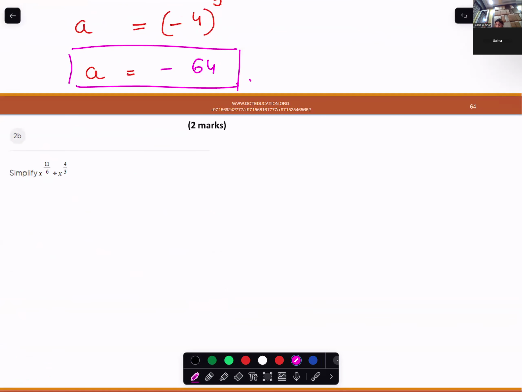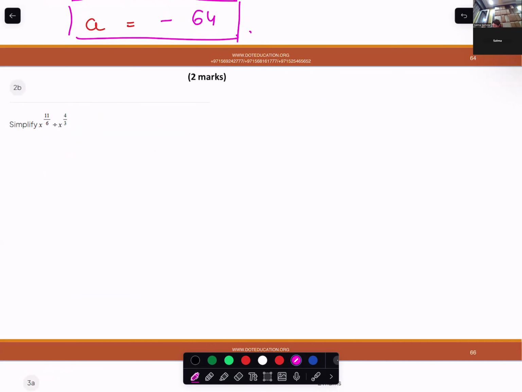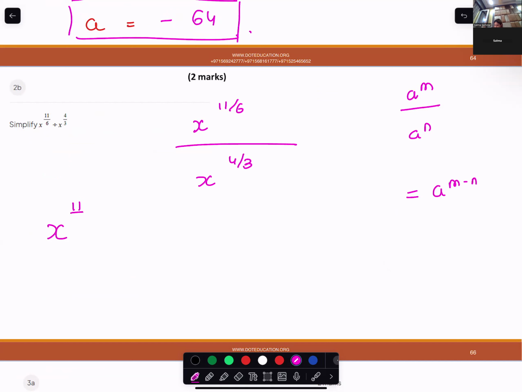I have to simplify x raised to 11 by 6 over x raised to 4 by 3. A raised to m over a raised to n is going to give a raised to m minus n. So this will become x raised to 11 by 6 minus 4 by 3.